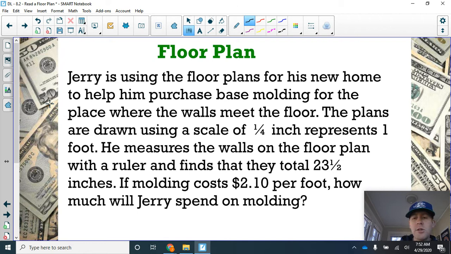Our first job is to figure out exactly how much molding we need. We see what length we have on the floor plan: it's 23.5 inches. We have to figure out what 23.5 inches on our plan corresponds to in real life. We're going to do that by setting up a proportion.